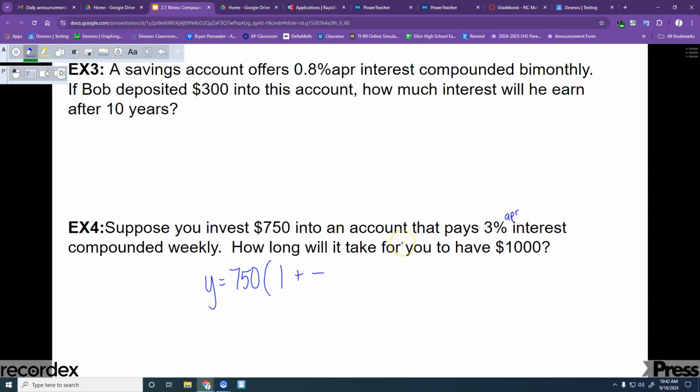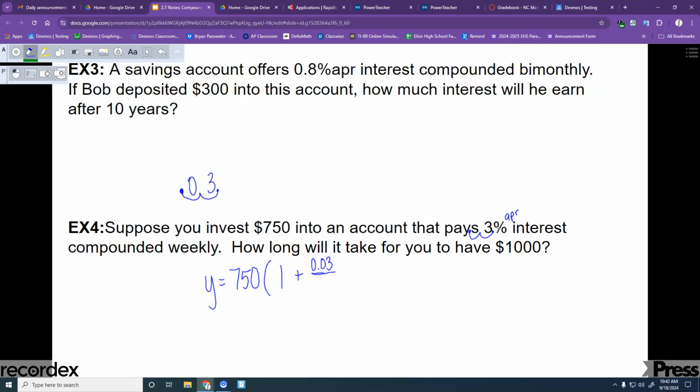What would be our interest rate for example 4 here? Okay, it's 3%. We got to change it to a decimal, so we got to take that, move it 2 places. What will we get for that decimal, Lucas? If we got 3, and we move that 2 decimal places. Yep, we'll get 0.03 right there.